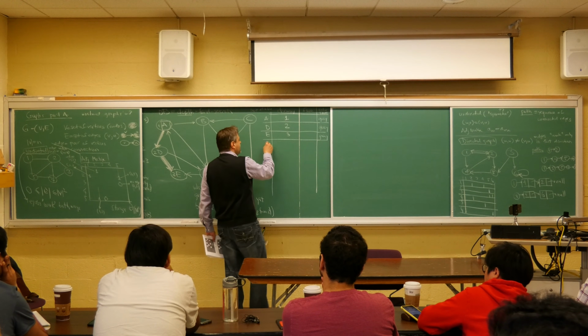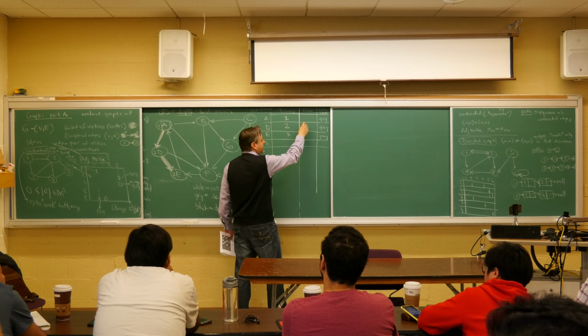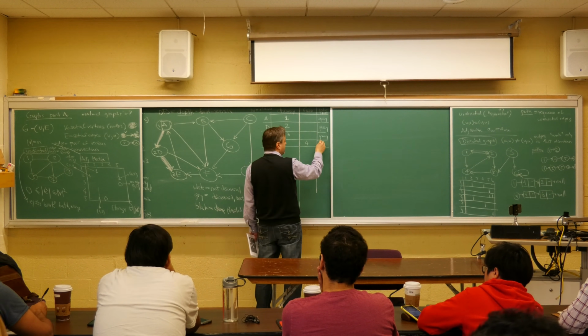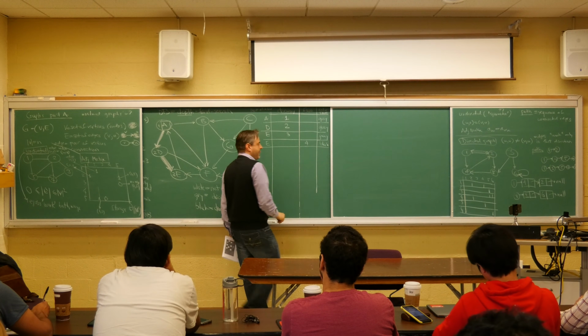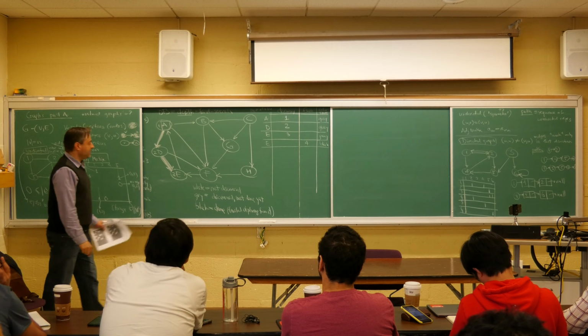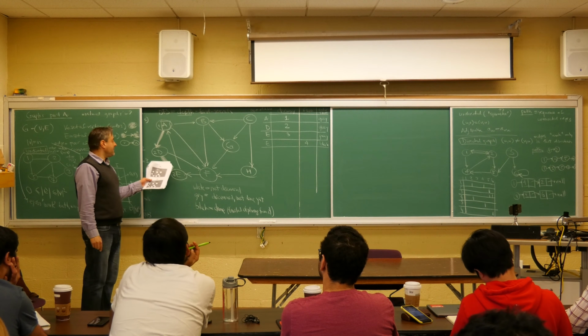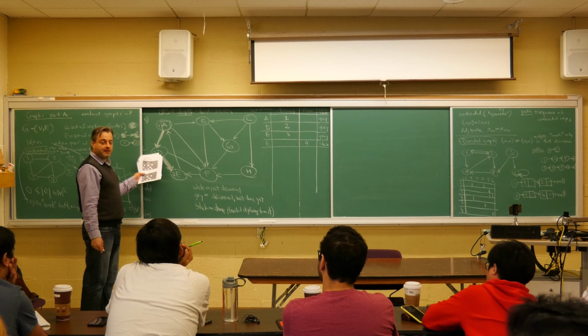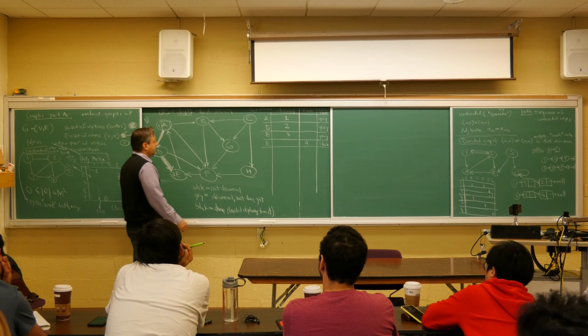Right. So at the next step the finishing time of E is 4, and I make E black. I'm done with E. I come back to where I was, D. Can I go anywhere from D? Yes. Where?